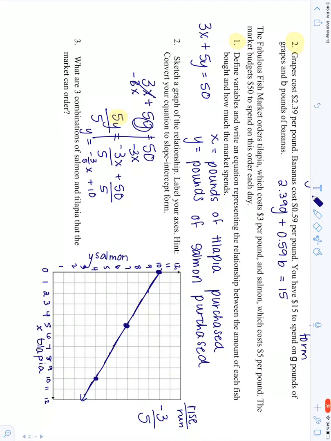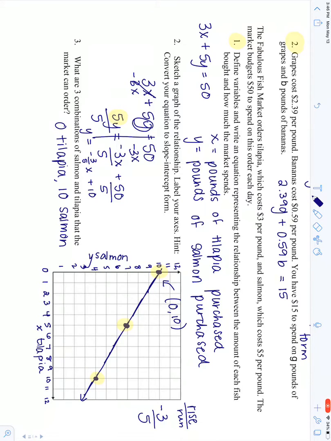So based on this graph, I can now answer number 3, which is what are 3 combinations of salmon and tilapia that the market can order? Well, each point on the graph represents a different combination that they can order. This first point is the point (0, 10). And if our x variable is pounds of tilapia, our y value is pounds of salmon, one combination is 0 tilapia, 10 salmon, and this is pounds.